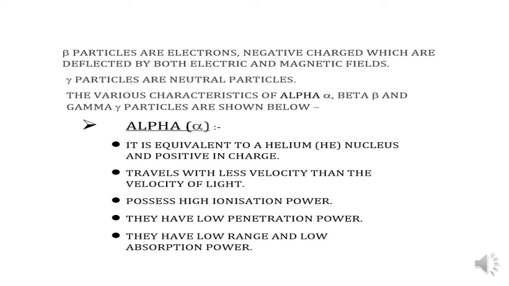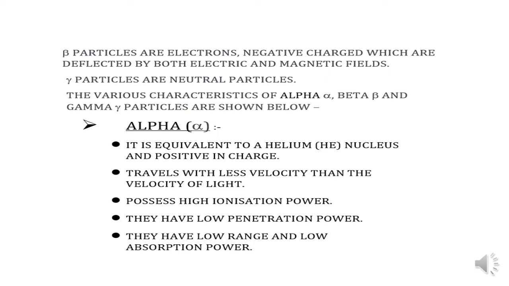Now, an alpha particle is a helium nucleus, which is positive in charge, and travels with less velocity than the velocity of light. But it has a high ionization power. Now, what is ionization power?